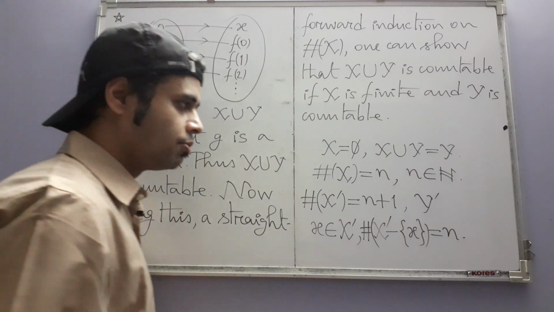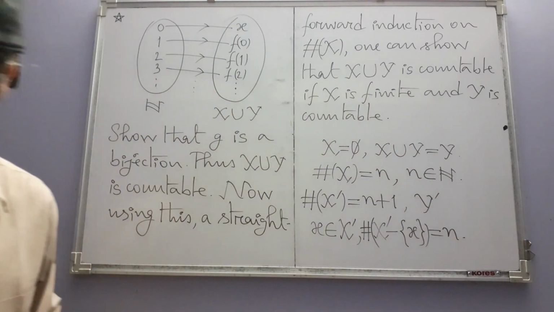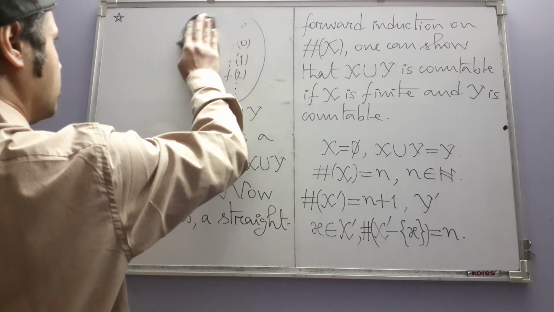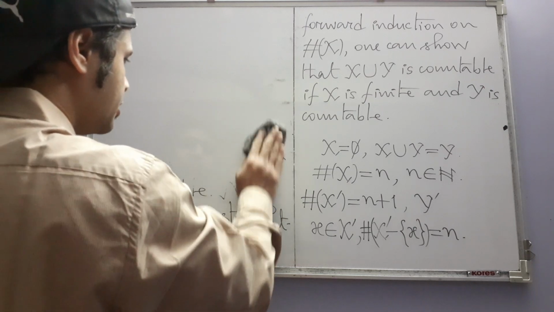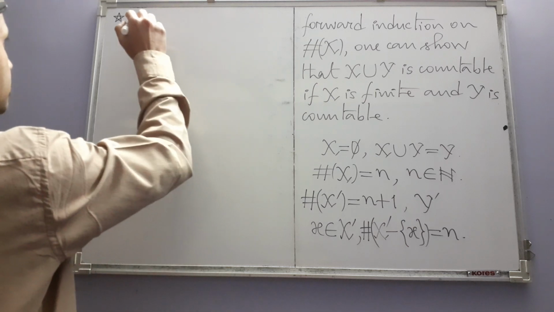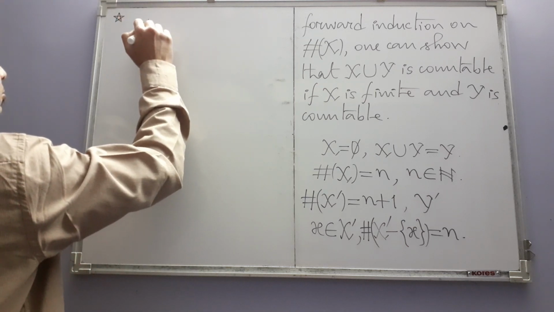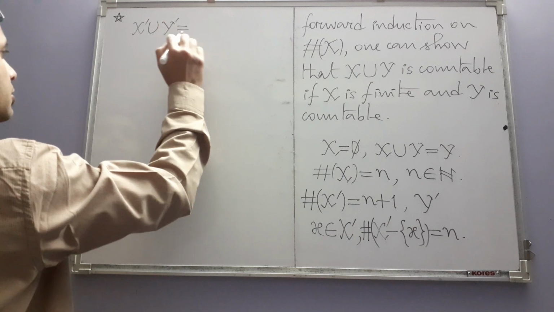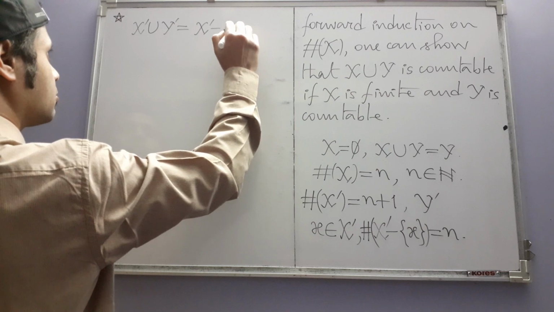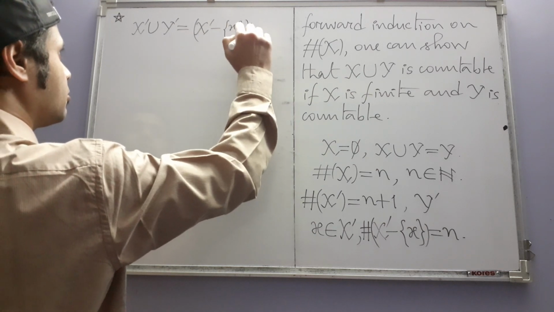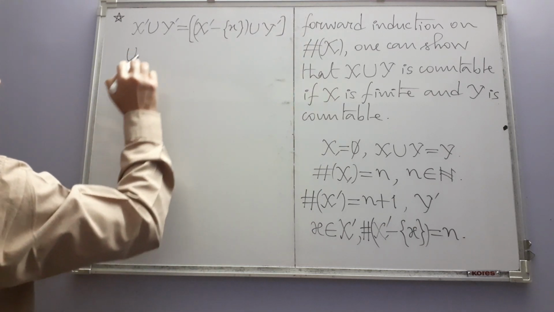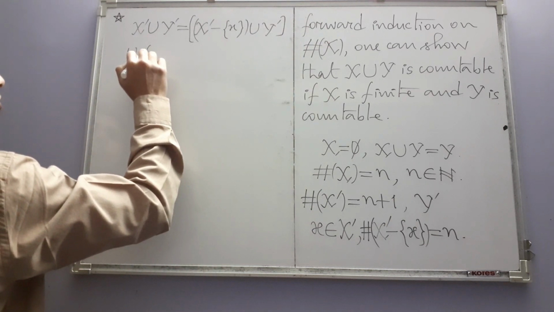Then when you now consider the union of X prime and Y prime, this is just simply this union, this one.